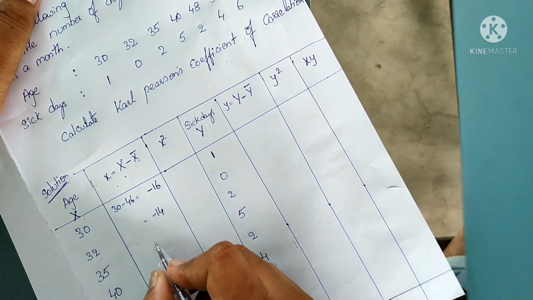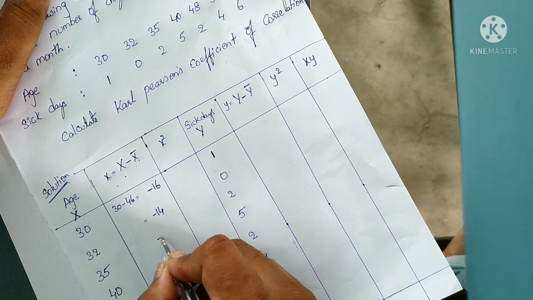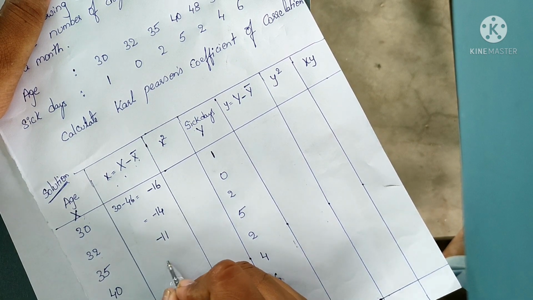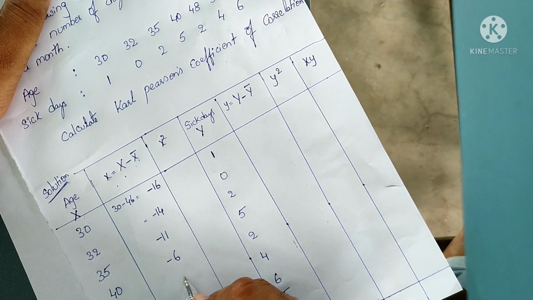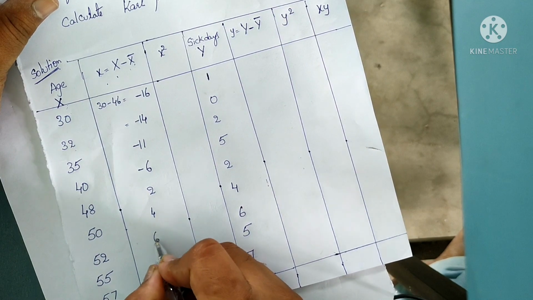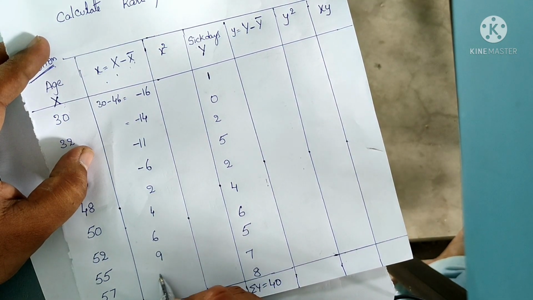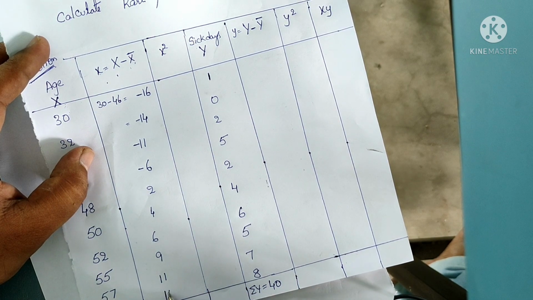Next 35 minus 46 equals minus 11, then minus 6, 2, 4, 6, 9, 11, 15.